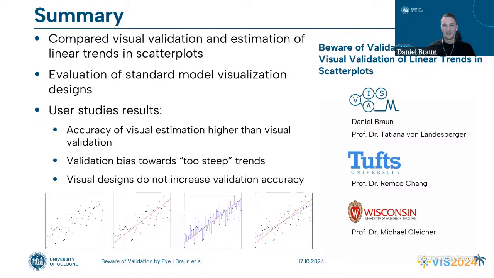I mean, the lower response time for validation makes sense because they just had to accept or reject a model. But the perception of the estimation task to be easier is definitely something we have to look into in future work. It's an interesting finding, and we should follow up on this in additional research.